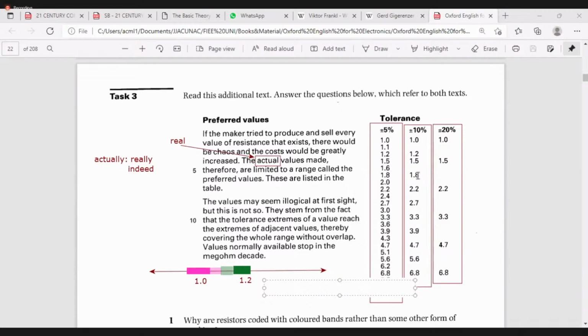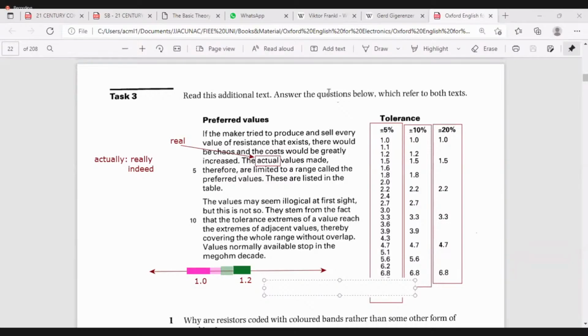If you go from 1.8 to 2.2, you have 1.9, 2.0, 2.1. So little by little, you are avoiding the manufacturing of additional resistance values without any profit. That is the idea of this.